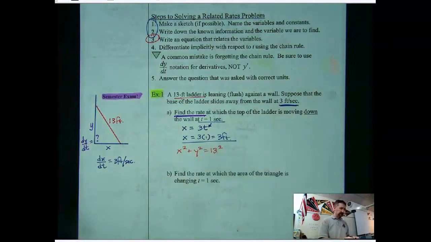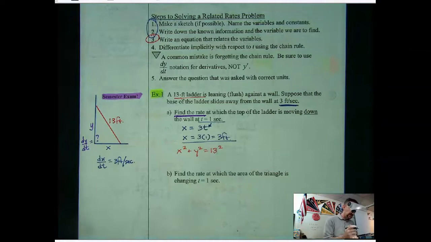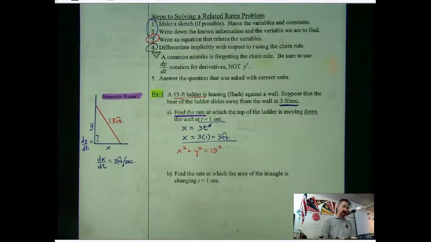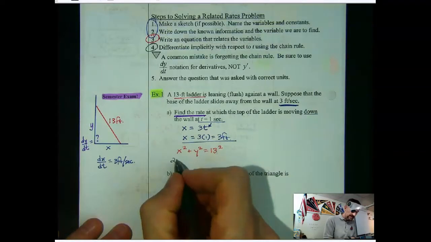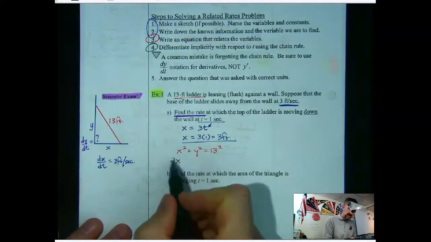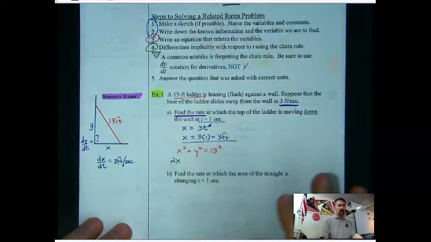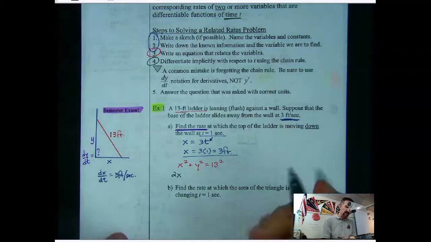Okay? Now, the next step is to differentiate with respect to time, and use the chain rule if you need to. So here, that's going to be 2x. Now, the difference is everything here is with respect to time. We learned in our last lesson, 2.5, implicit differentiation.